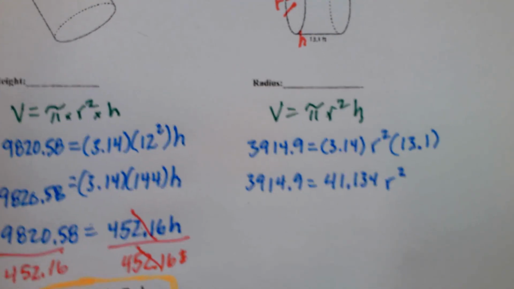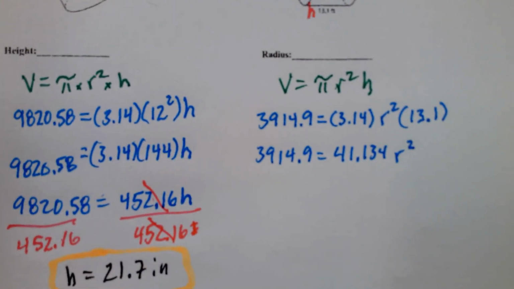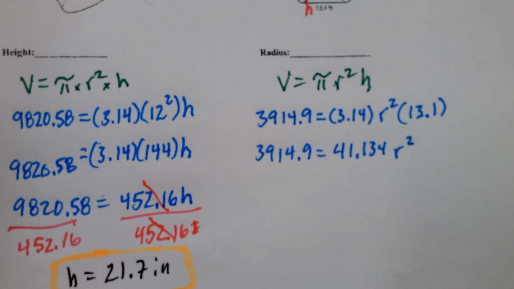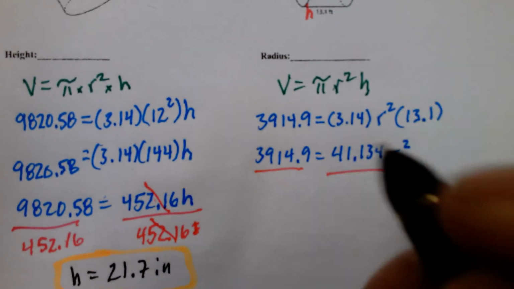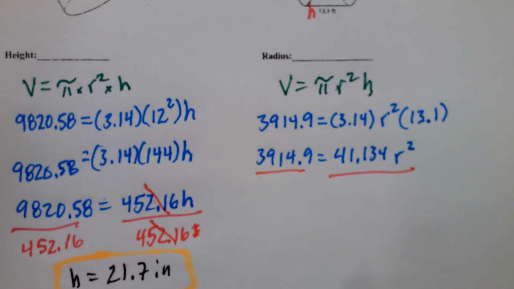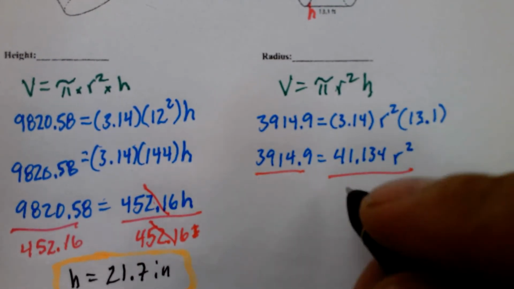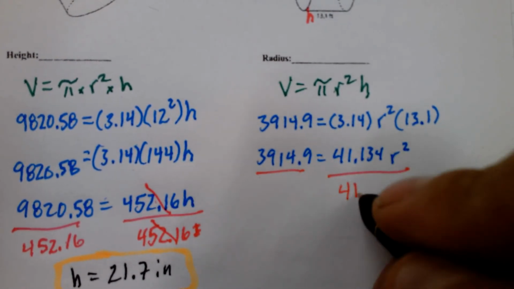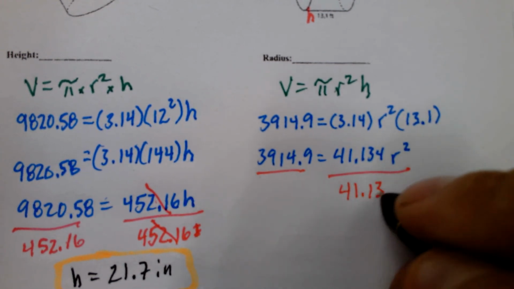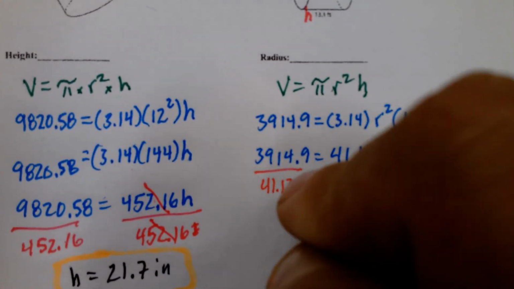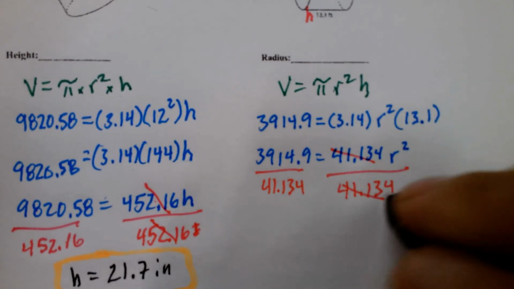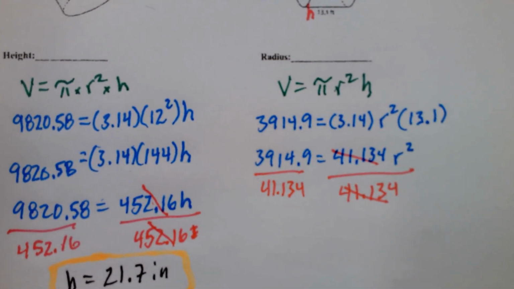I don't have r, I have r squared. But I do have a coefficient, a number I can divide away. Just like we did here, we divide away the number next to the variable, 41.134. Those cancel.